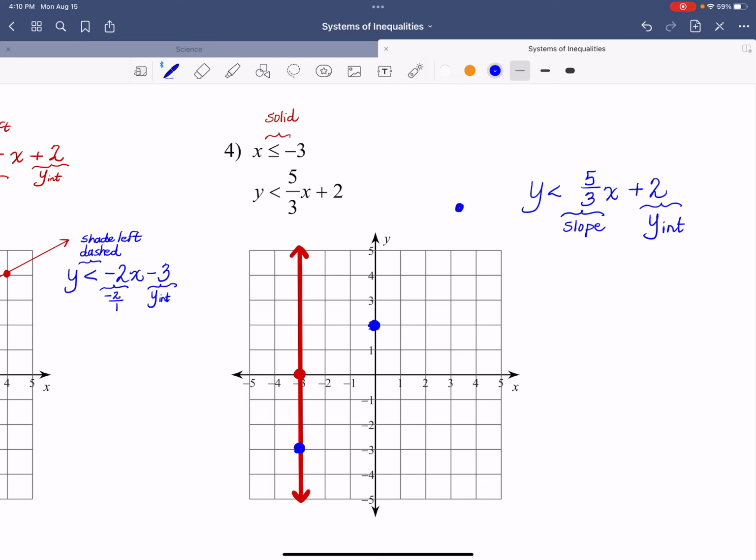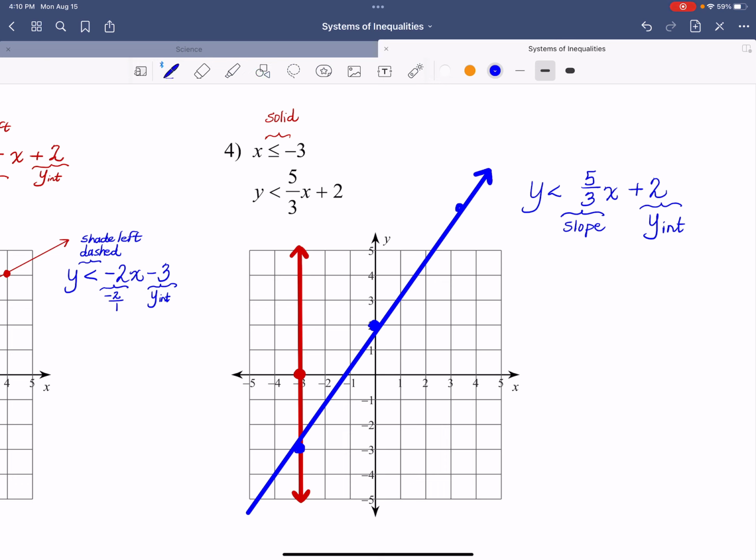So once you get that in there, you can see the pattern of up 5 over 3, up 5 over 3. And I'll connect the dots. Hopefully that's close enough, I guess.